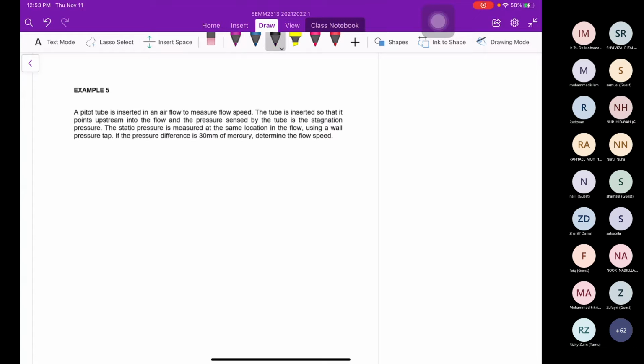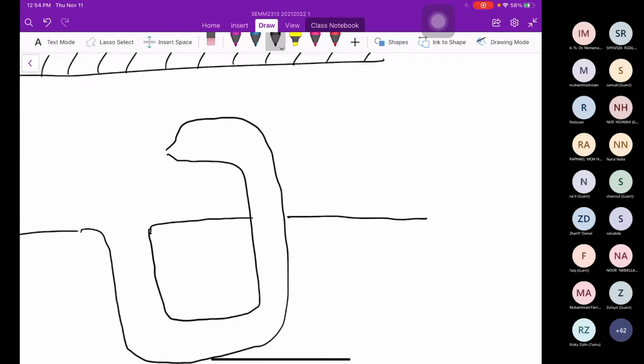So now I draw the diagram for you. This is the flow diagram, and then we have the tube. This is what we call a pitot tube, because the area here is very, very small.